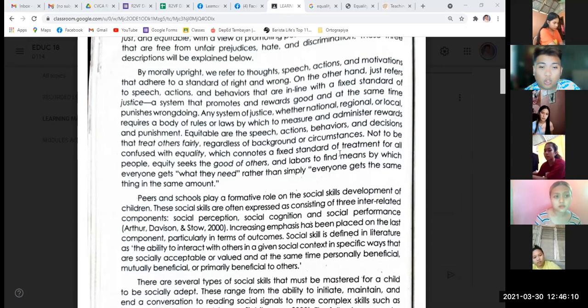Why? Because Tondo, Manila has the history of being a drug den, a slums area for criminals, violence, but not all people in Tondo are the same.